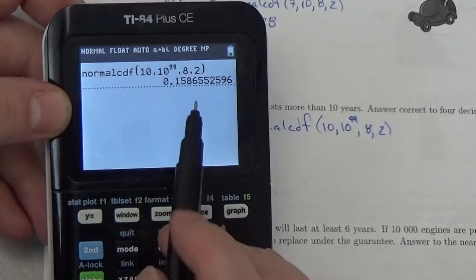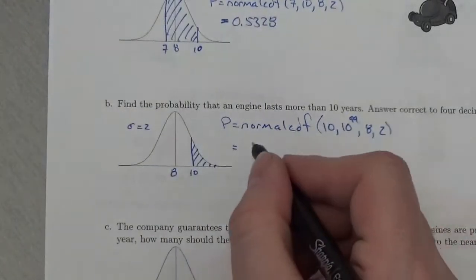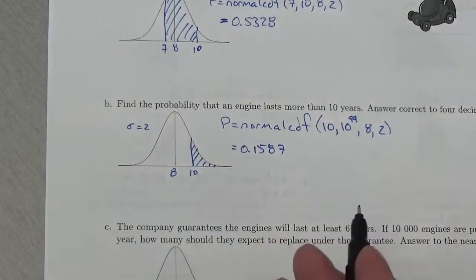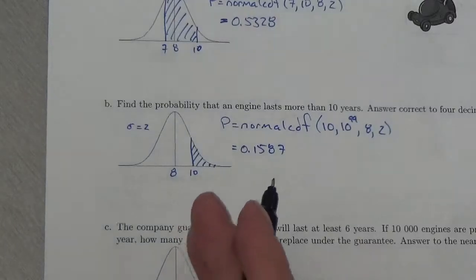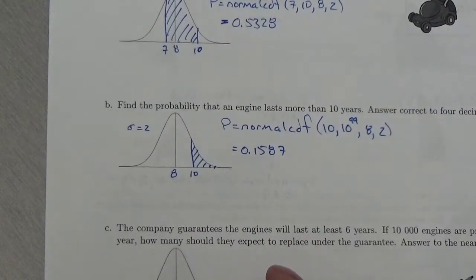Press enter, and I get 0.1587. So there's almost a 16% chance that something is going to last longer than 10 years. And notice how I said that. As soon as you convert it to percent, it's called chance.